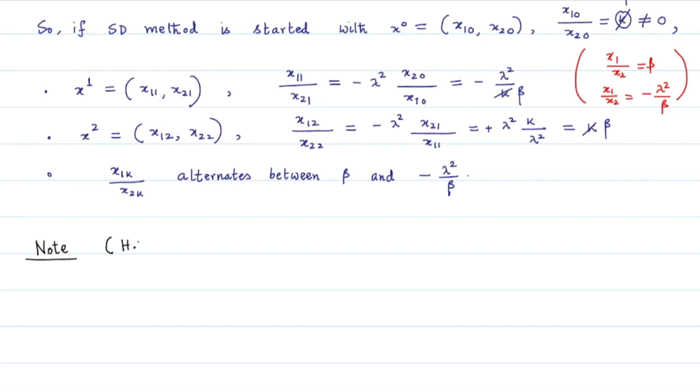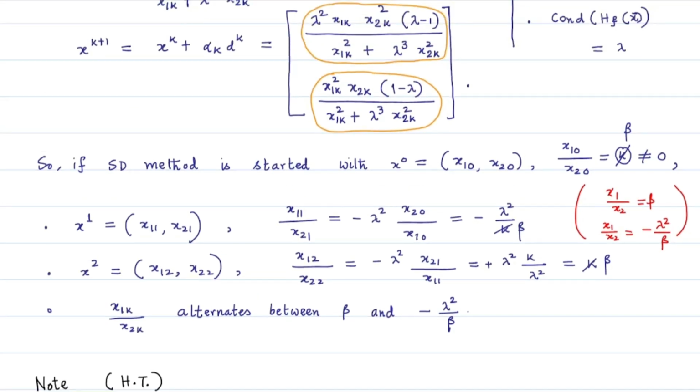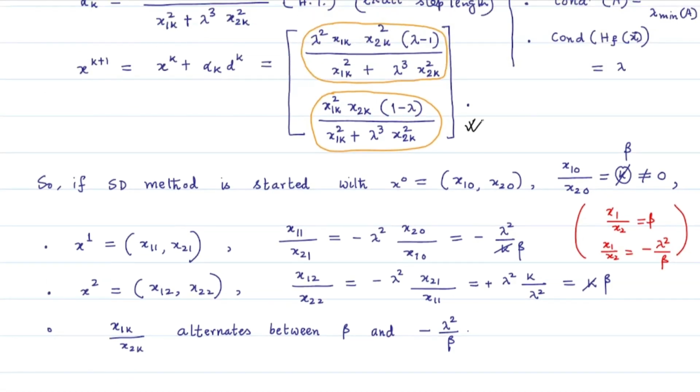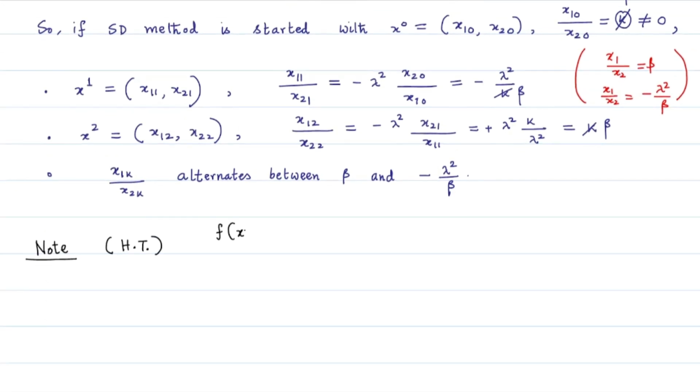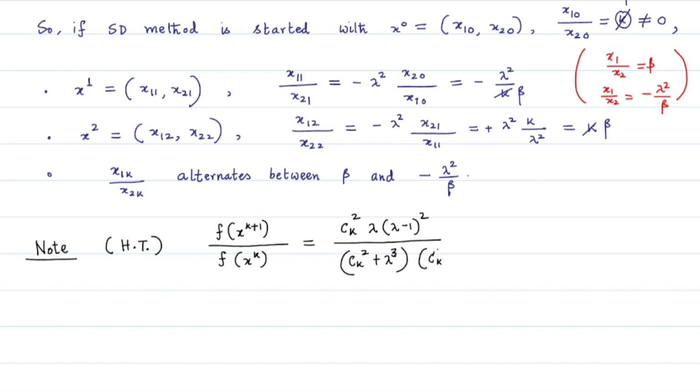Let me give you a home task: for the sequence of iterates xk that we have derived over here, please prove that the ratio of f of xk plus 1 and f of xk is equal to ck square times lambda into lambda minus 1 square divided by ck square plus lambda cube times ck square plus lambda, where ck is equal to x1k divided by x2k, where x1k and x2k are the coordinates of the current iterate xk.